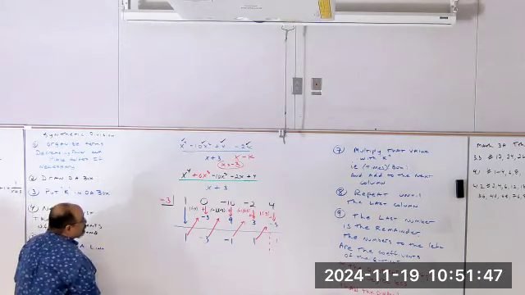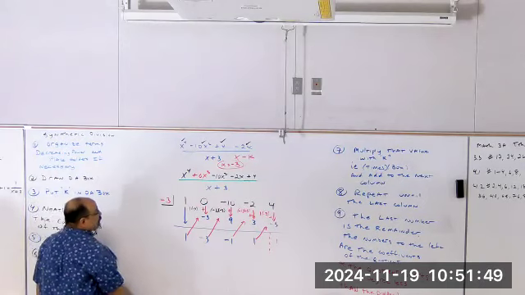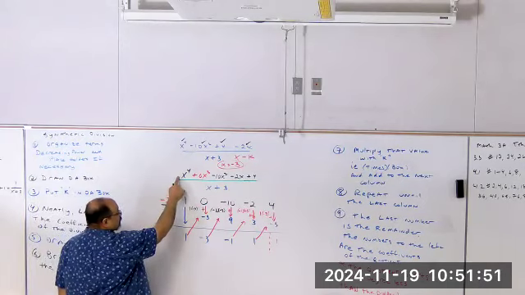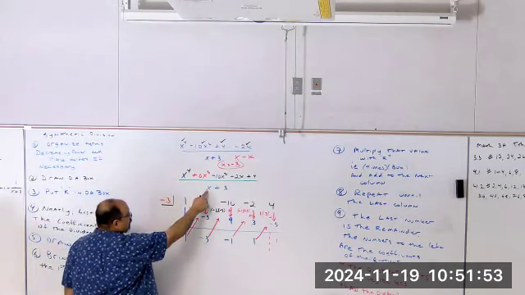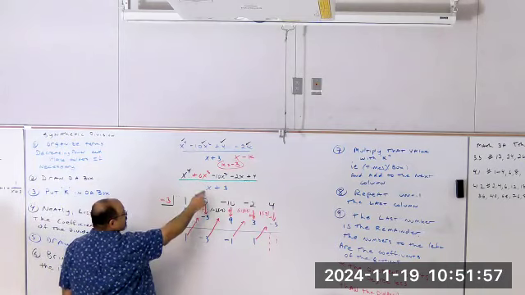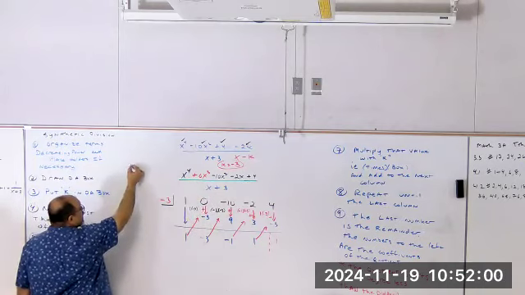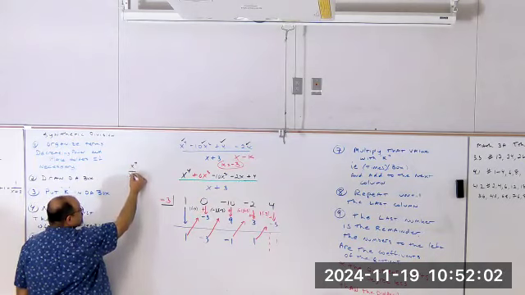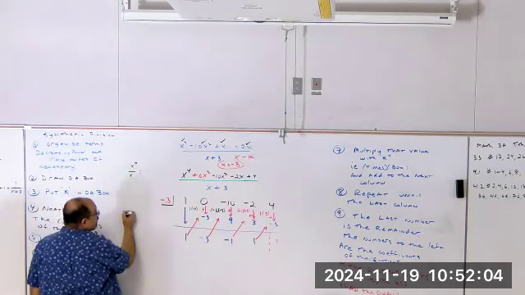No real frightening talk. Just focus on this first one right here, x to the fourth. We're taking this x to the fourth and we're dividing by an x to the first. If you take an x to the fourth and you divide by an x to the first, what are you going to get?